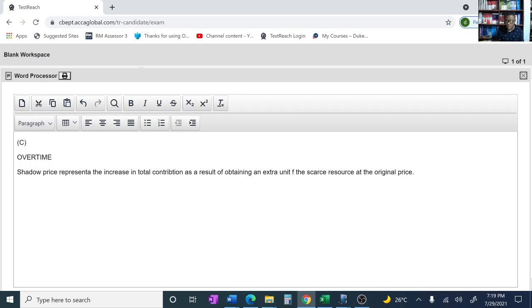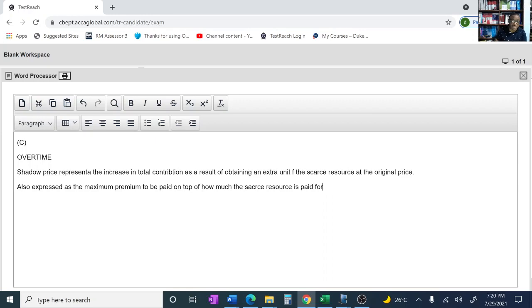But then what is the whole thing about? It could also be expressed as the maximum premium to be paid on top of how much the scarce resource is paid for something.